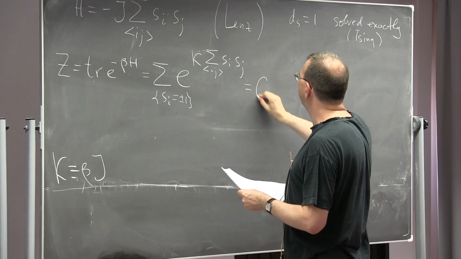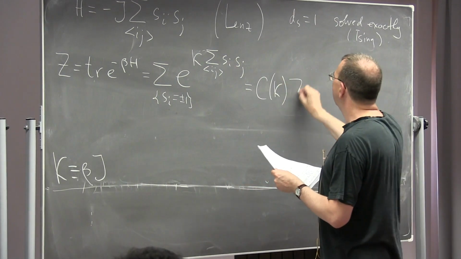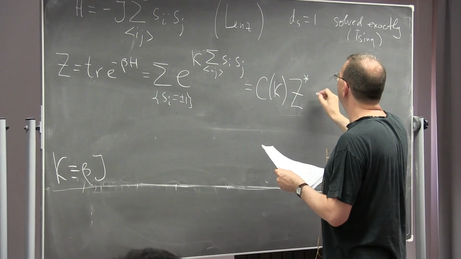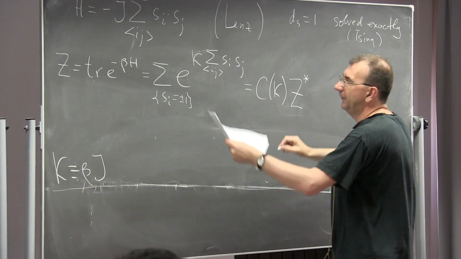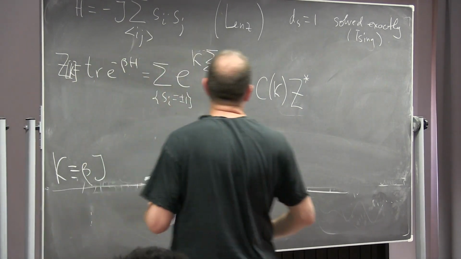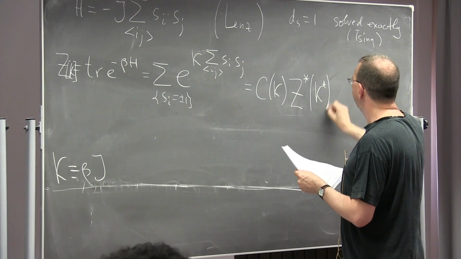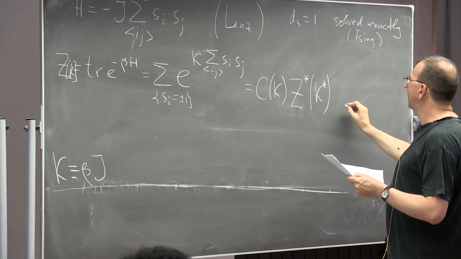So they rewrote this with some coefficient c, in the form of a partition function. This was a partition function which depends on K, and they rewrote this as a partition function which now depends on something called K star.